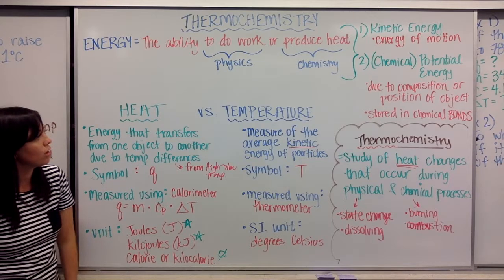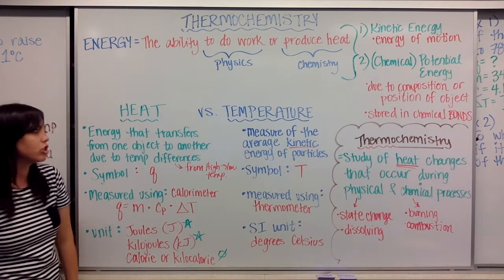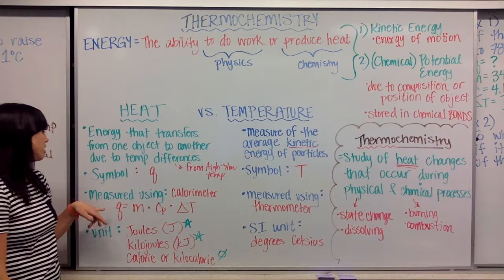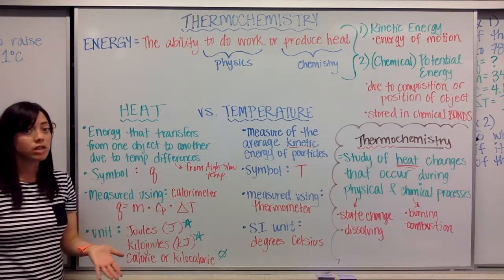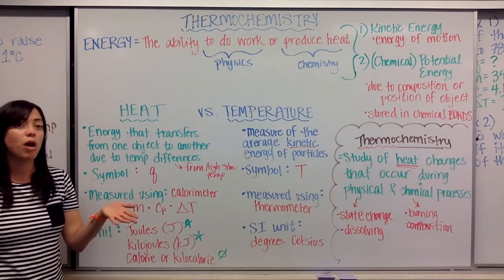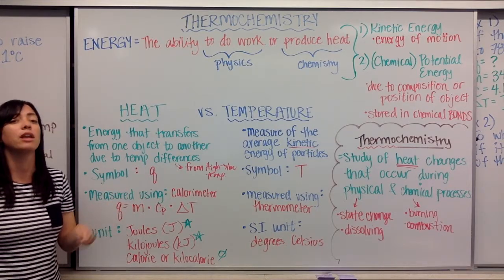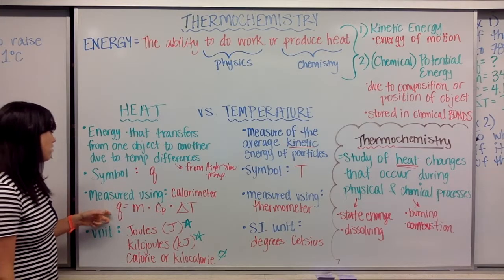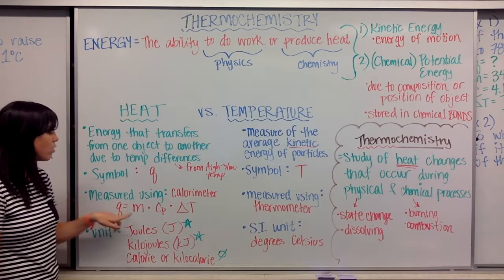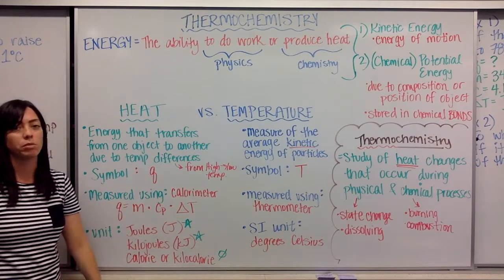And so temperature is measured using a thermometer, whereas heat is measured using a calorimeter. Now, we haven't used a calorimeter, and yesterday we used thermometers, but we can also determine heat by using this new equation that we have right here, which is Q equals mcΔT, is what we often abbreviate it as.